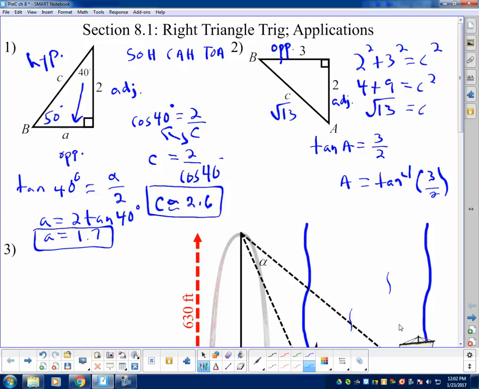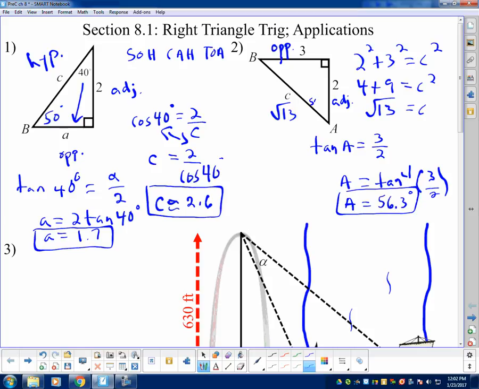So in our calculator, we type in inverse tangent of 3/2. Do you know how to do that on your calculator? The second tangent. So A should equal about 56.3 degrees.